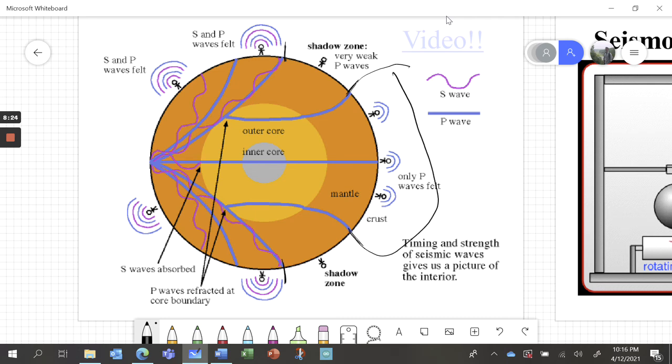But then remember, there are those pockets on either side that cannot feel P waves. So this is a P wave shadow zone. This is a P wave shadow zone. But the whole other side of the planet is an S wave shadow zone. Okay.